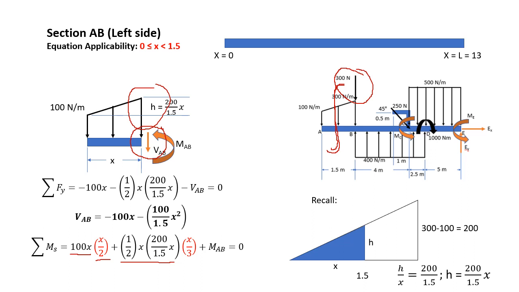And the red text here, x over 3, is the distance of the centroid from the section. So it's all counterclockwise from the section. And MAB is assumed to be counterclockwise. So plus, and so we simplify the equation we got. MAB is equal to negative 50x squared minus 100 times 4.5x cubed.